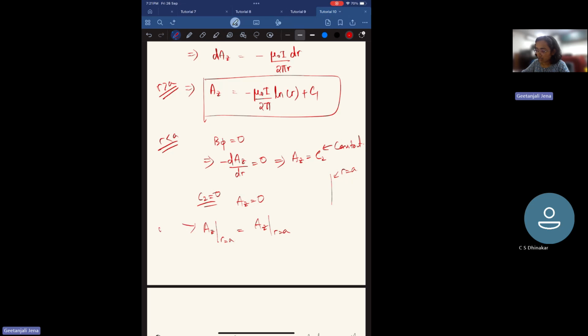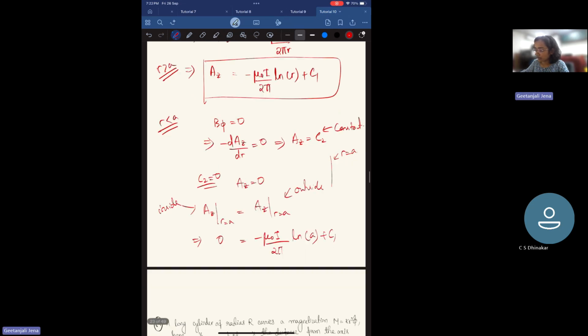This is for the inside, so this is 0, and outside it should be minus mu naught I by 2 pi ln a plus C1.